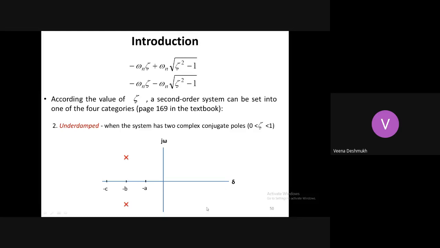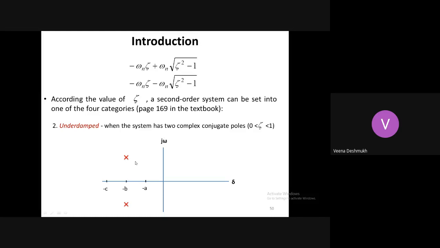So S is equal to sigma plus j omega. Note this point: S is equal to sigma plus j omega, where sigma is your x-axis and j omega is your y-axis.